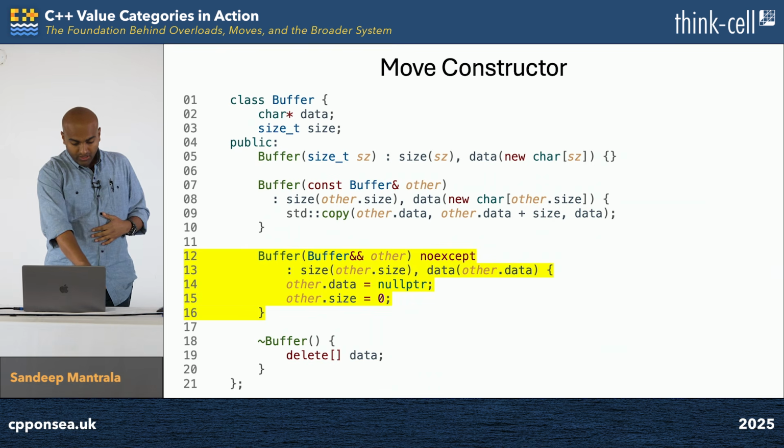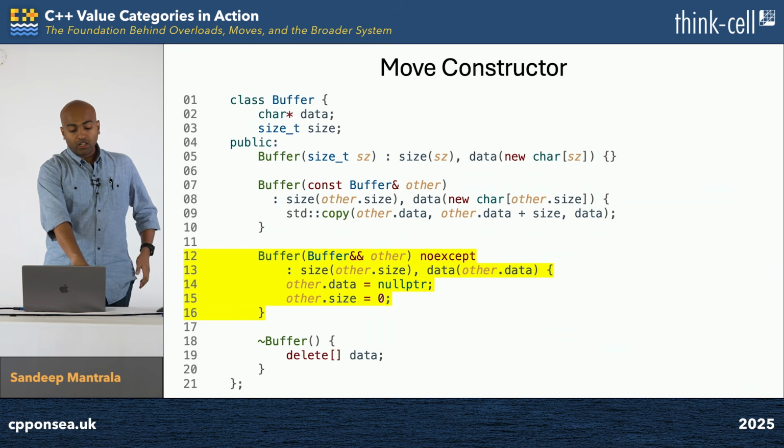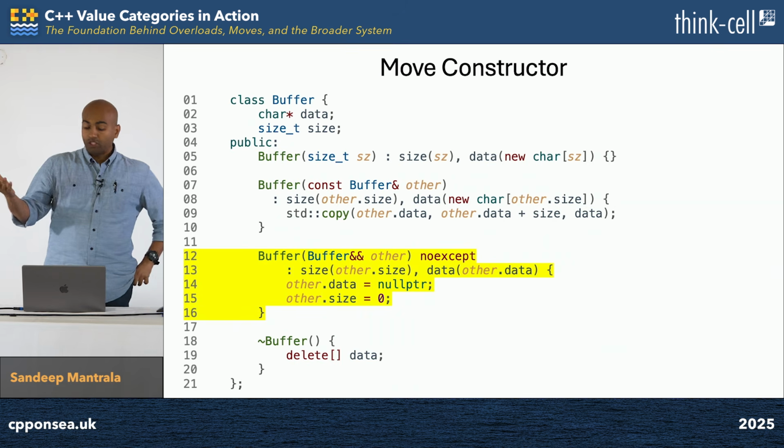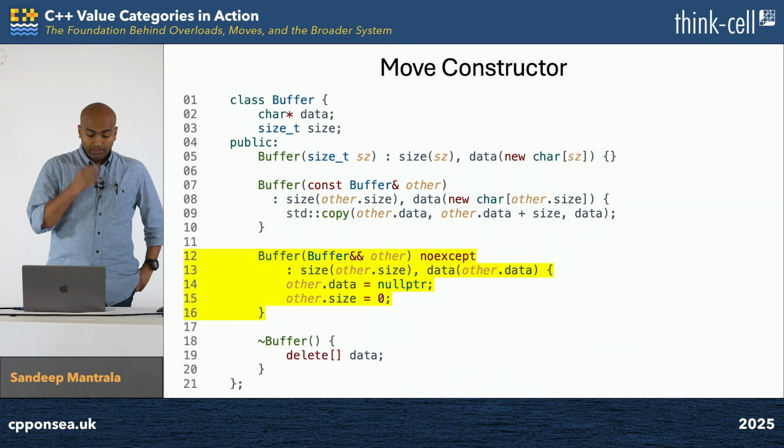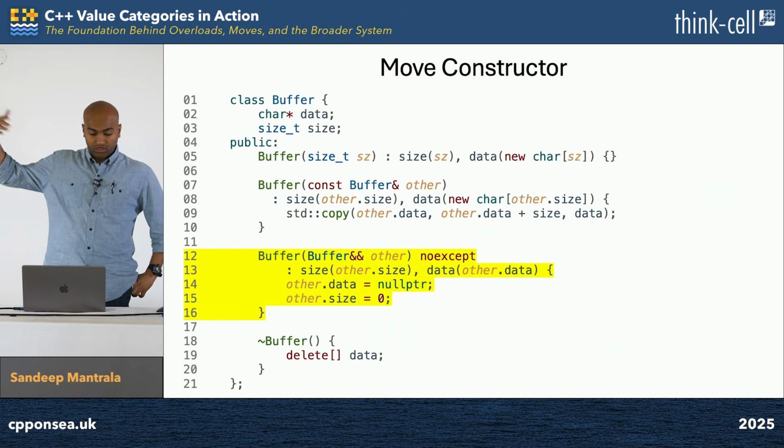For example, on line number 9 here, prior to C++11, what used to happen? We just had a const lvalue reference to which the PR values or R values would bind, and there was no other way than to do a deep copy, because we cannot modify the moved-from object.